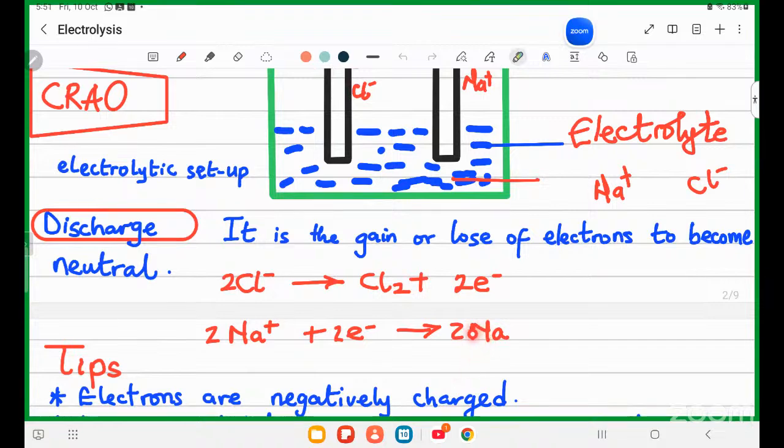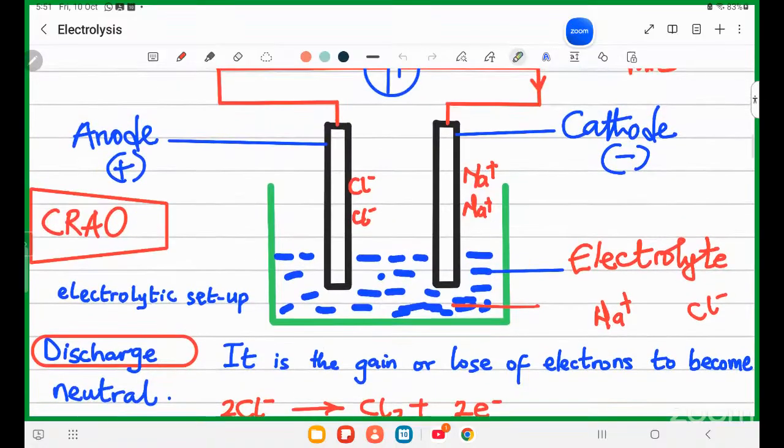Now, that is the meaning of discharge. A neutral molecule or atom will be discharged when an ion loses or gains electrons. And we gave a code that reduction will occur at the cathode, while oxidation will occur at the anode.